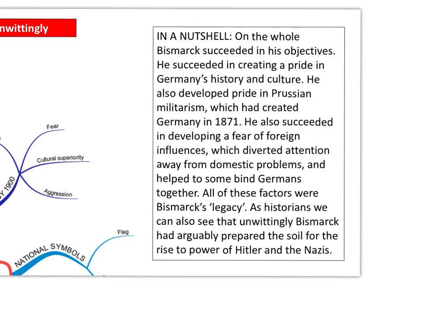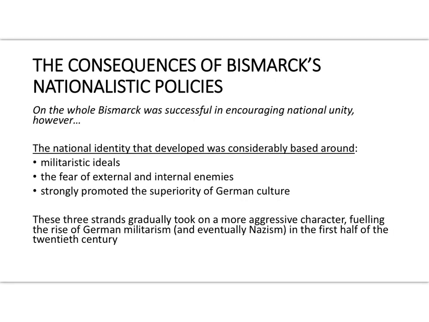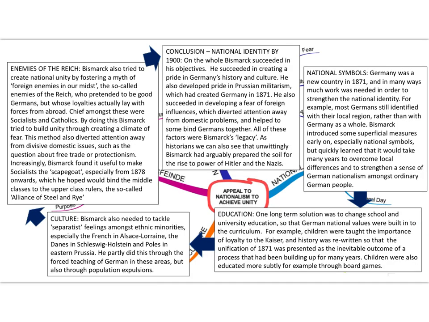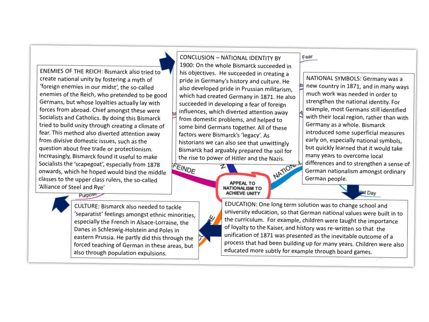It is a question, really: did Bismarck unwittingly prepare the soil for the rise to power of Hitler and the Nazis? Just read the slides, they make the same point, really. And there's our finished mind map, with the key building blocks for this particular topic.